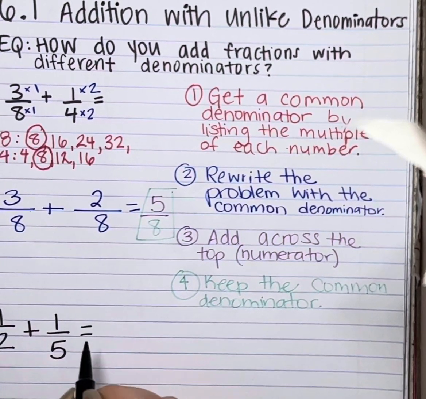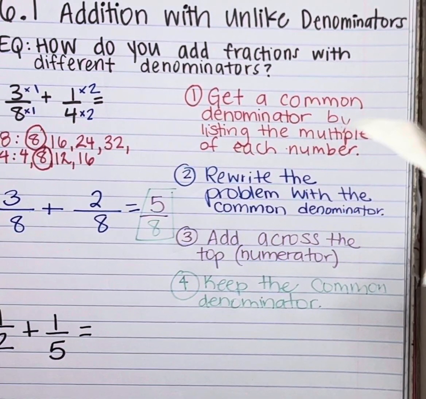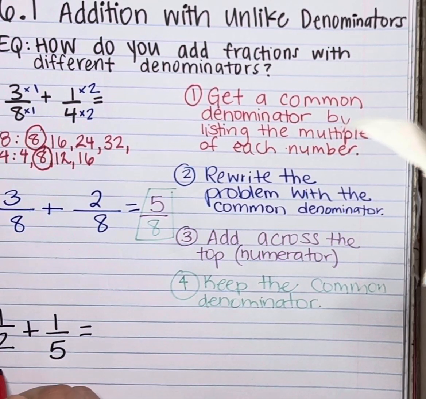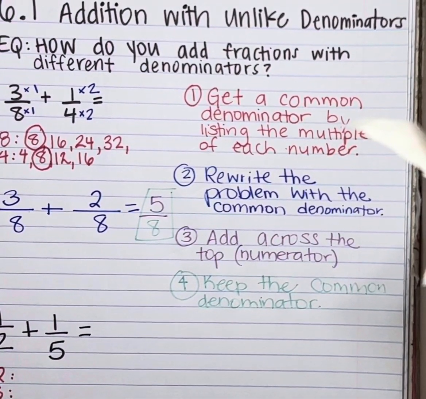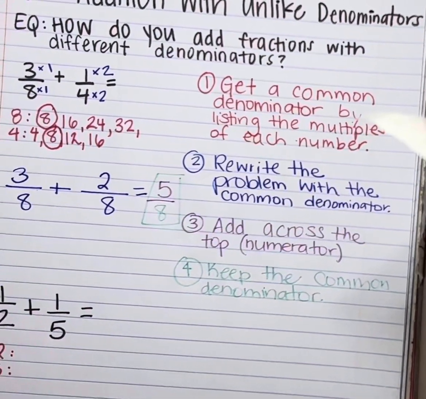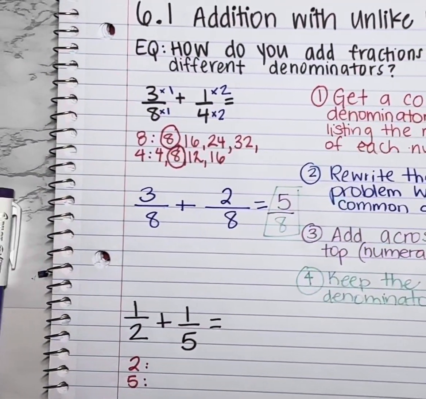So 1/2 plus 1/5. I'm going to start by listing out my multiples. Now I'm doing multiples of 2 and multiples of 5. So you can count by 2s, or you can count by 5s, or you can do 2 times 1, 2 times 2. Whatever works better for your brain is okay.